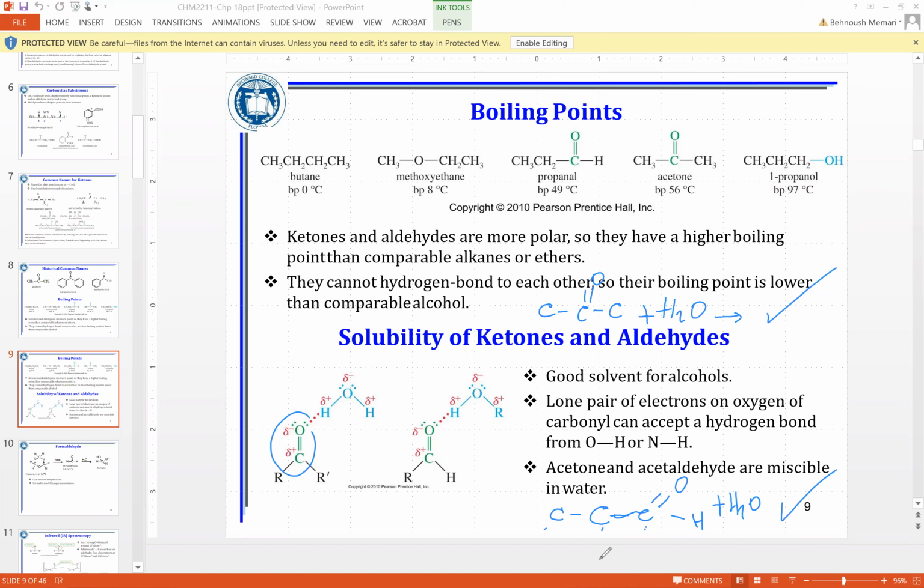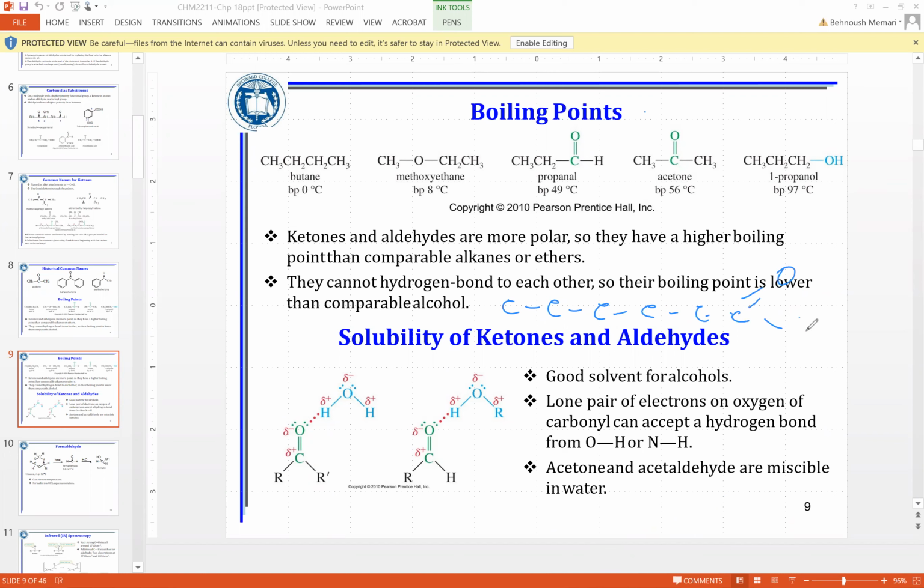So aldehydes and ketones dissolve in water because they are highly polar. But like any other polar organic molecules, it depends on the number of carbons. Even with alcohols, if you have a 4 carbon alcohol, it dissolves. But if you have a 6 carbon alcohol, it's not going to dissolve, because even though this side, the polar head, is polar, this tail is non-polar.